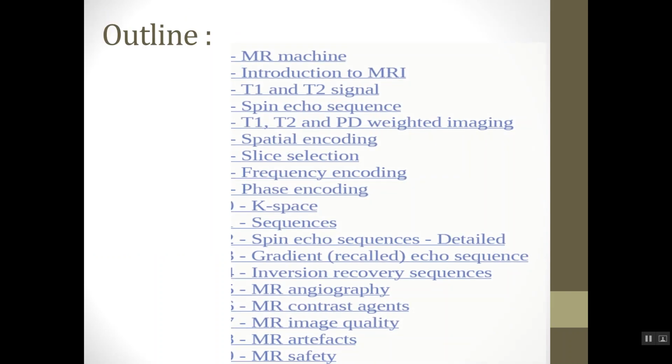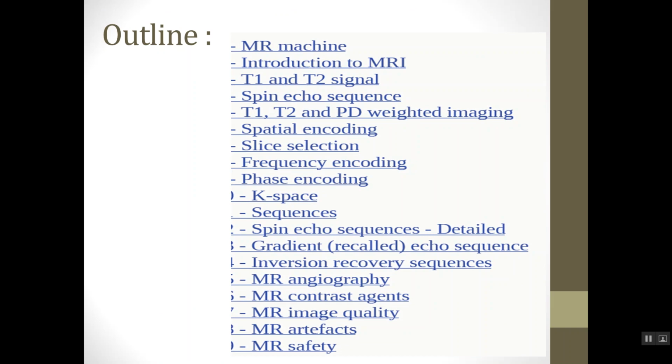Okay. So our outline today: we will talk about MRI machines, introduction to MRI, the meaning of T1 and T2 signal, what the spin echo sequence is, the difference between T1, T2 and proton density weighted imaging, the meaning of spatial encoding, slice selection, frequency encoding, phase encoding, what k-space is, sequences, and so on.